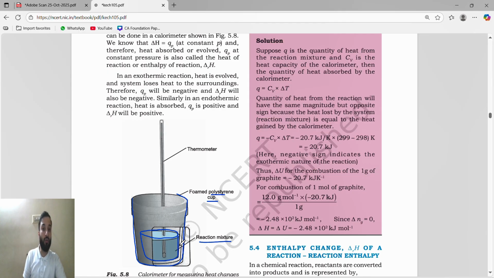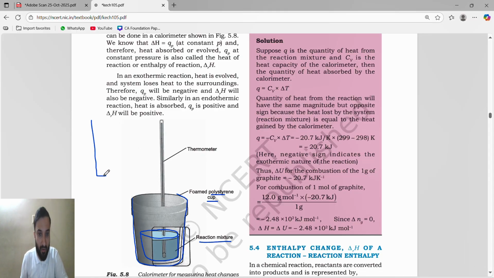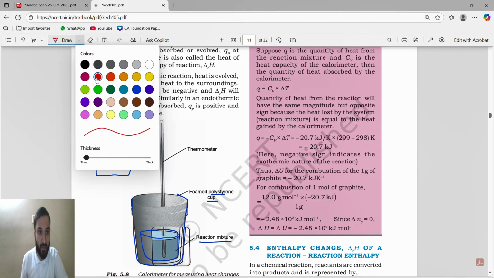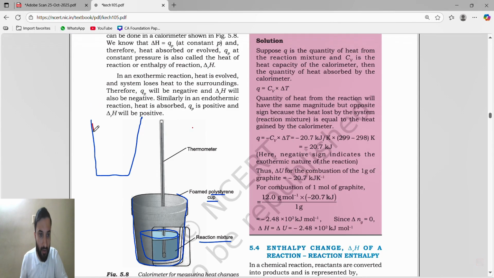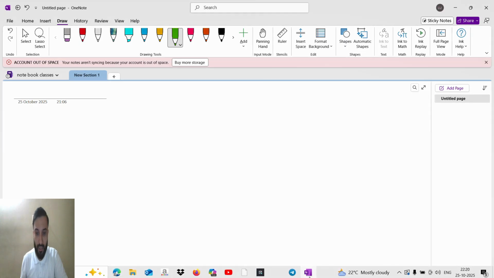So it's like this: outside we have one foamed polystyrene cup, and inside we have another cup. In this cup we will put the reaction mixture.